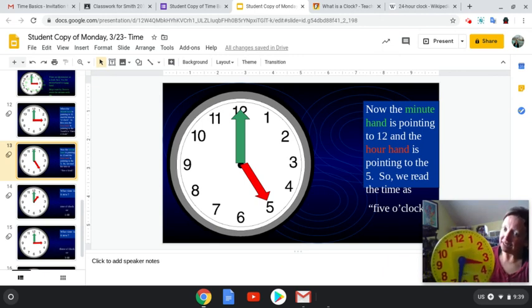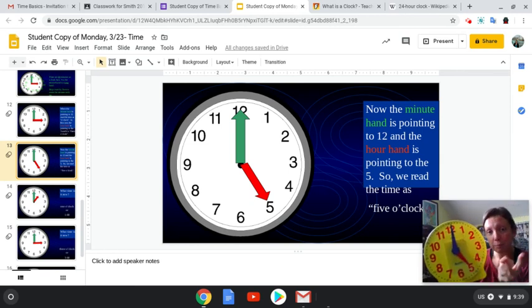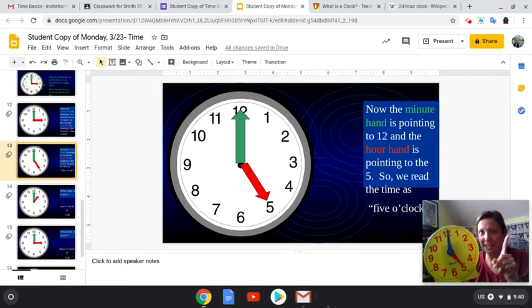When the minute hand goes around 60 minutes, and it goes around 60 more minutes, what is 60 minutes? An hour. So I was at 3. The minute hand went around twice, which means how many hours passed? If it went around once, it went around 60 minutes. That's 1 hour.